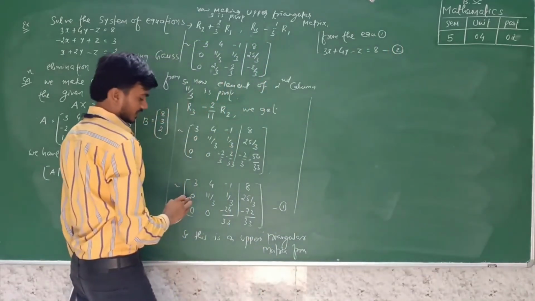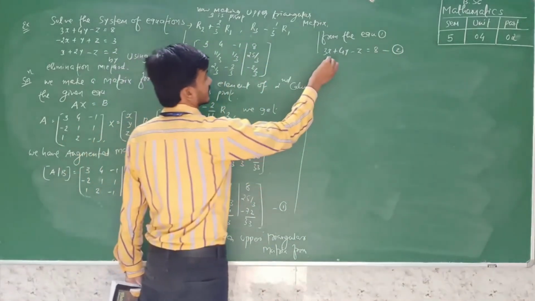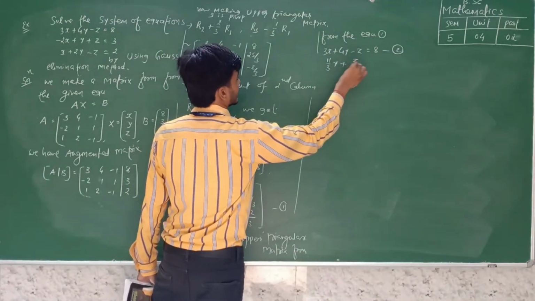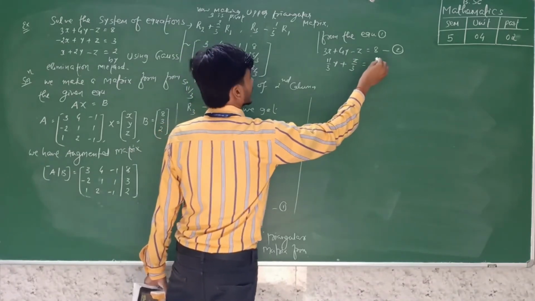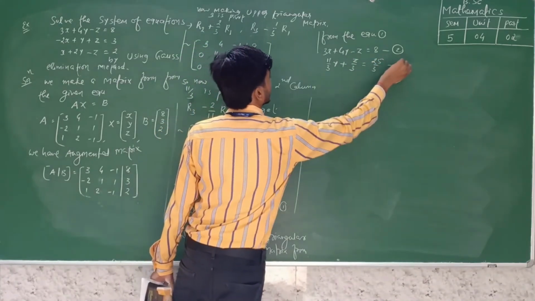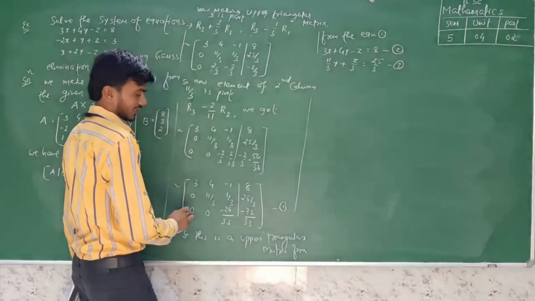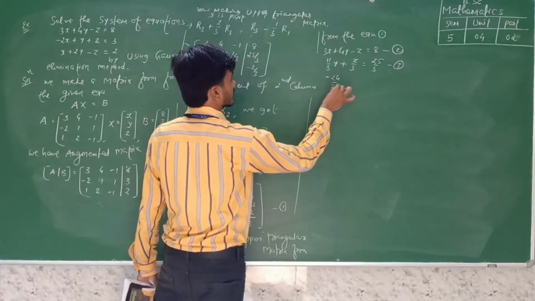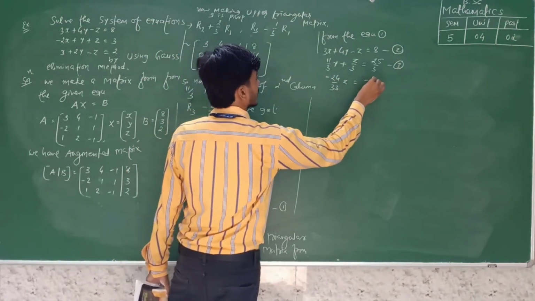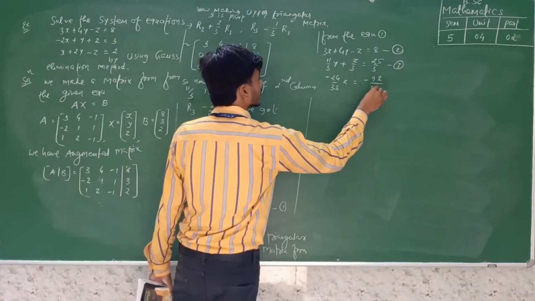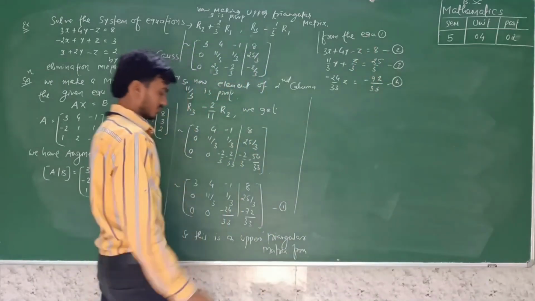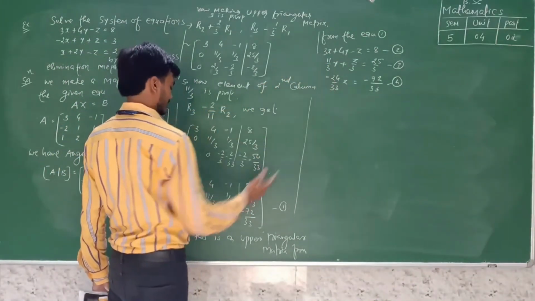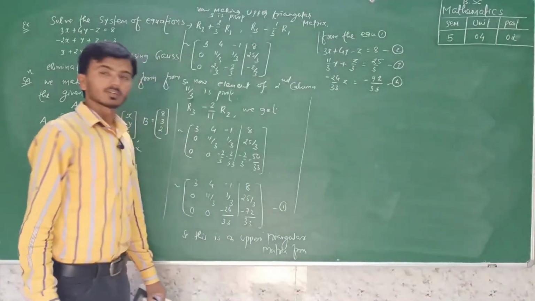Equation number 2: 0 into x, that means 0, 11 by 3 y plus 1 by 3 z is equal to 25 upon 3. Equation number 3: 0 into x plus 0 into y plus minus 24 upon 33 z is equal to minus 72 upon 33. We can directly write this type of equation from this upper triangular matrix.